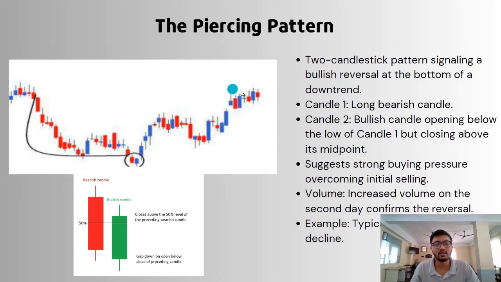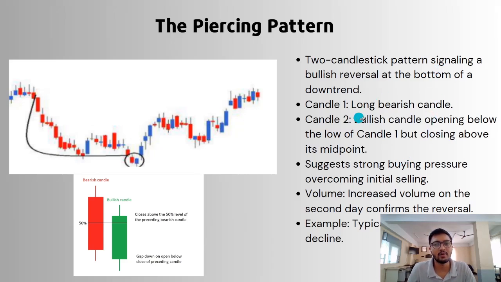Now comes the piercing pattern. You remember engulfing, where we said the next candle should fully engulf the previous candle, but in piercing it should only surpass 50%, like more than 50 or just the 50% level. So it is a two candlestick pattern signaling a bullish reversal at the bottom of a downtrend.